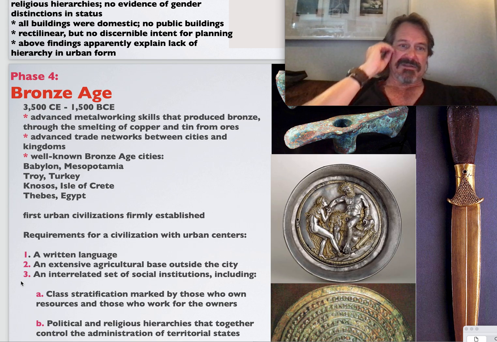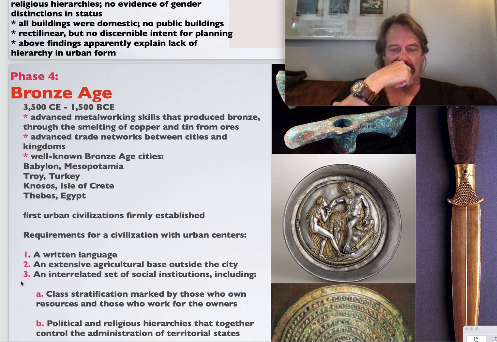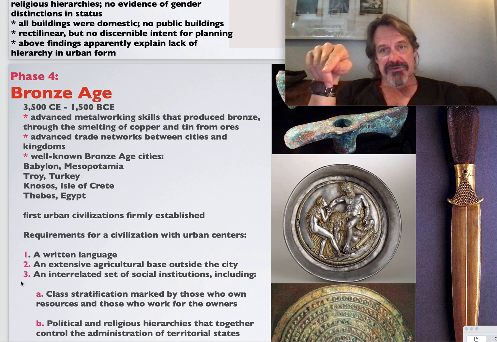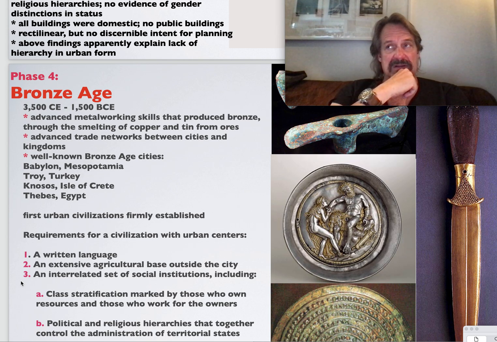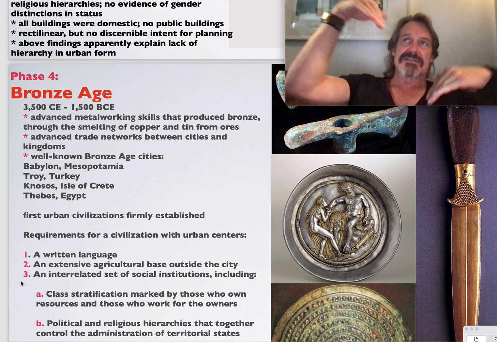Bronze Age was the technology: Babylon, Mesopotamia, Troy, Turkey, Knossos. A lot of the Greek drama, a lot of the Homeric drama is about the aesthetic and metaphysical messages of the transition, the troubles created in the Bronze Age collapse, the troubles created with the sea peoples dealing with influences into the city.